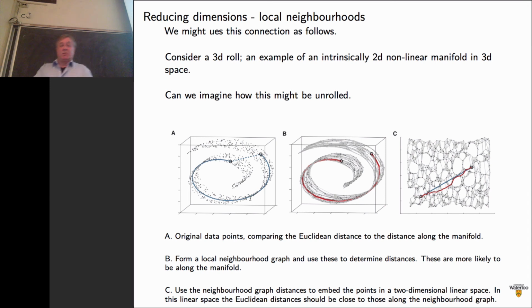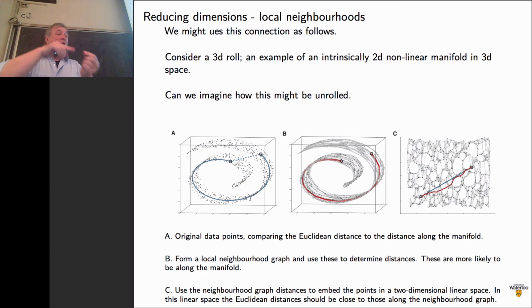So, next thing is, well, what is local? What we might do is have every point look at its near neighbors. You can imagine how you would do that in a couple of different ways. Maybe I look at all the points within some epsilon Euclidean distance of me, right?